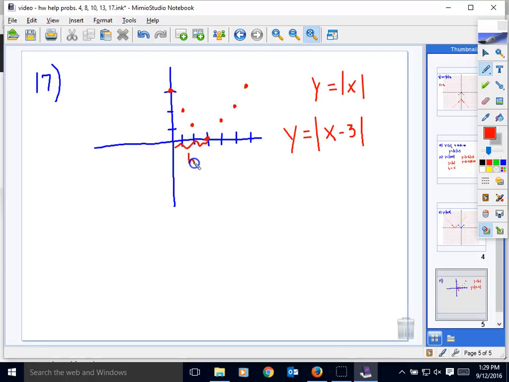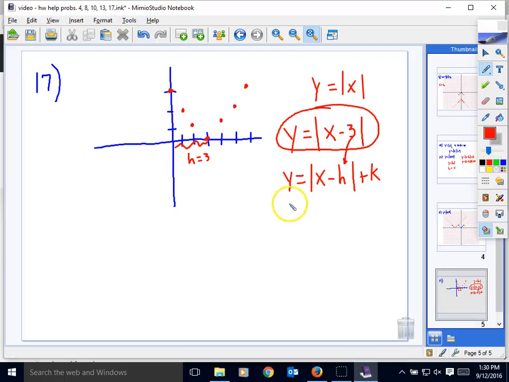H is actually 3. We went 3 places right. Once again, my definition of translations looks like this: x minus h plus k. I didn't move any vertically, so k is 0, and h in this case needs to be positive 3. All right, so that would be my answer for number 17.